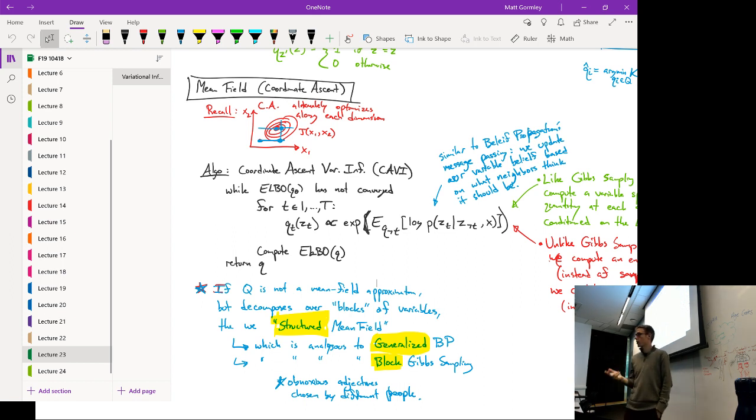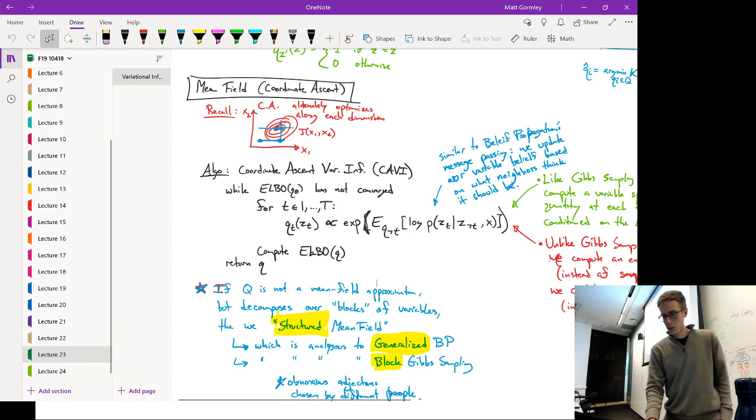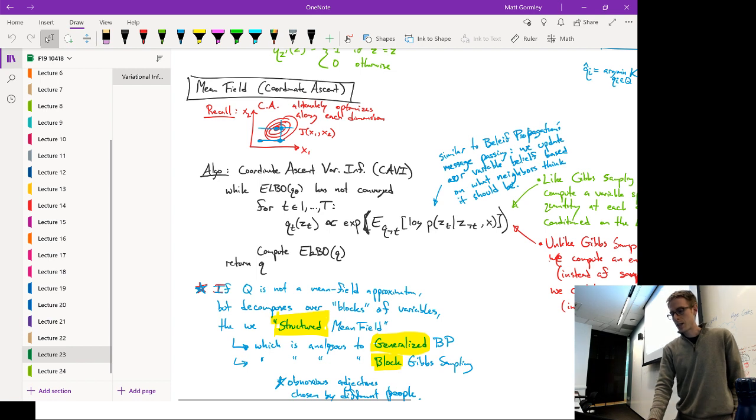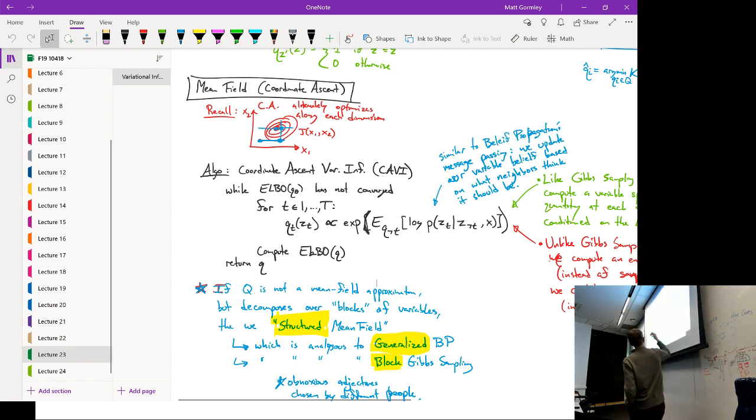That's just the full conditional from Gibbs sampling. What's different is that we have this expectation under the Q distribution over all of the variables except for z_t. And so when we say that we want this Q to be proportional to something, we're saying you're going to have to normalize this. So we'll look at a discrete case where you can just enumerate all of these quantities and then sum them all up to normalize them.